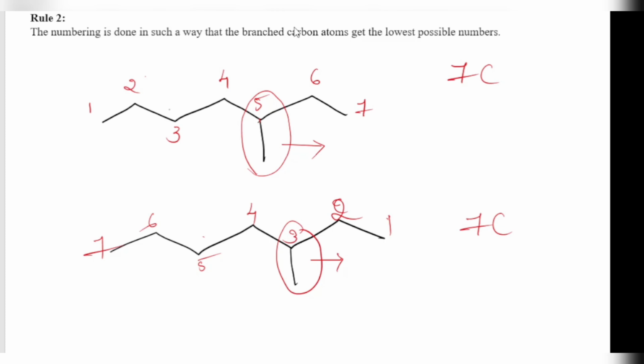This rule is telling that branched carbon atoms get the lowest possible number. Between 5 and 3, definitely we know that 3 is the lowest number. That's why we have to name in this order only. So the numbering done from right to left is correct, and this is the wrong way of assigning numbers to a particular carbon chain.